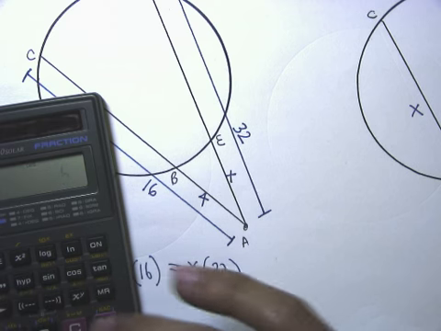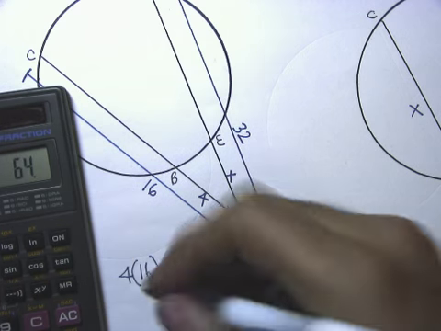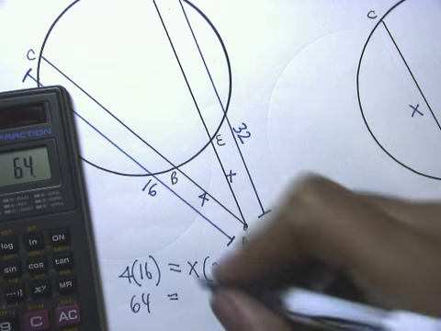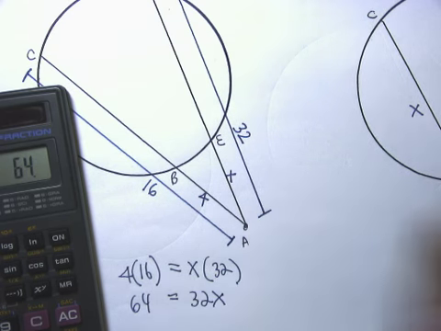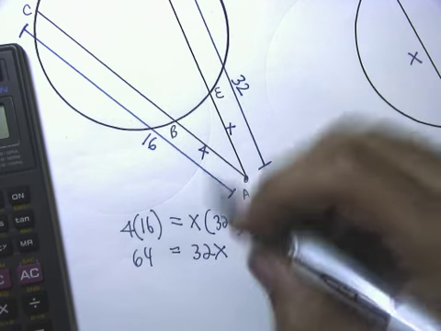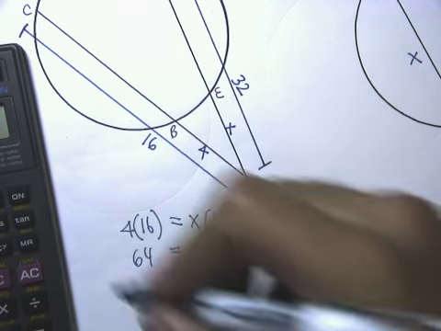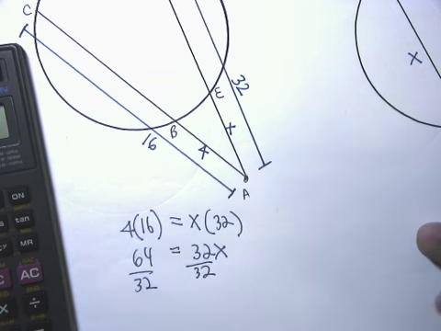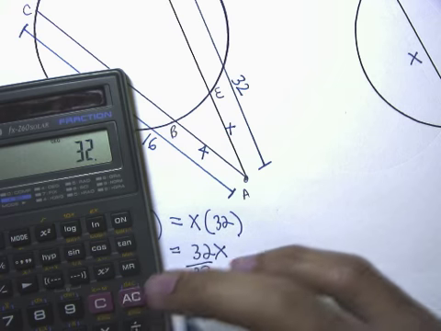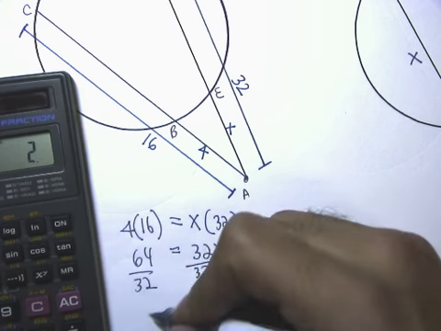It seems pretty easy now because I don't have to distribute anything or more than one thing. So 4 times 16 is 64. That's equal to x times 32 is 32x. Obviously, I want to solve for x now, so I'm going to divide this side by 32.